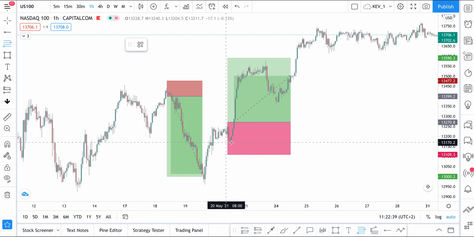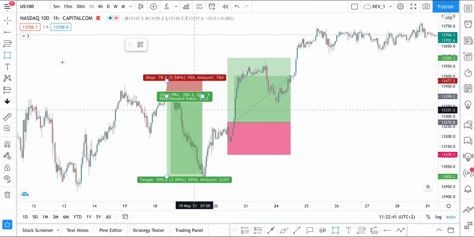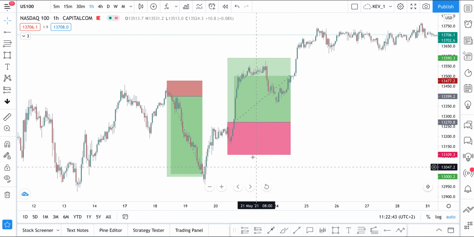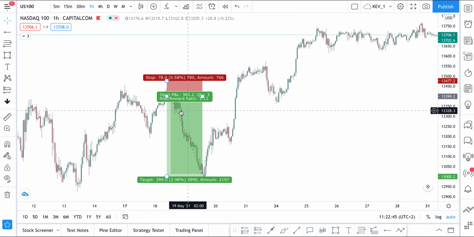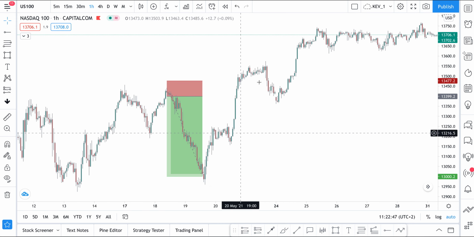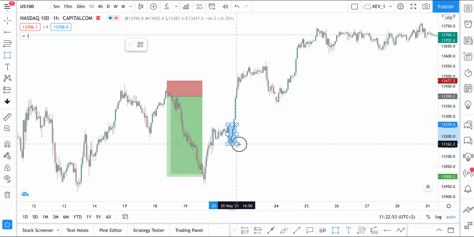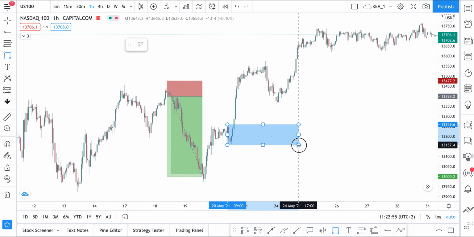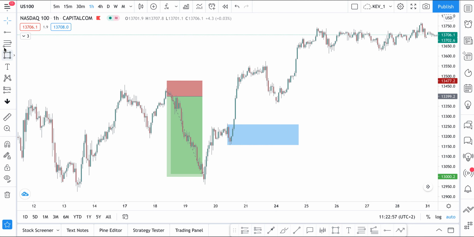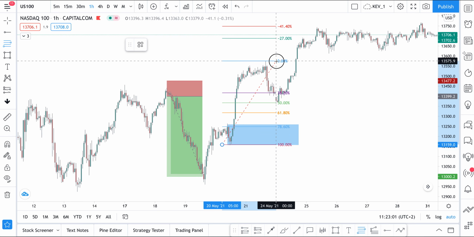Great example. This was a demand zone. Let me show you now how, once the market has left, I enter the trade. Because we already discussed how to identify demand areas. This was a very nice demand zone. So if I wanted to, I would put my fib from the bottom to the top.